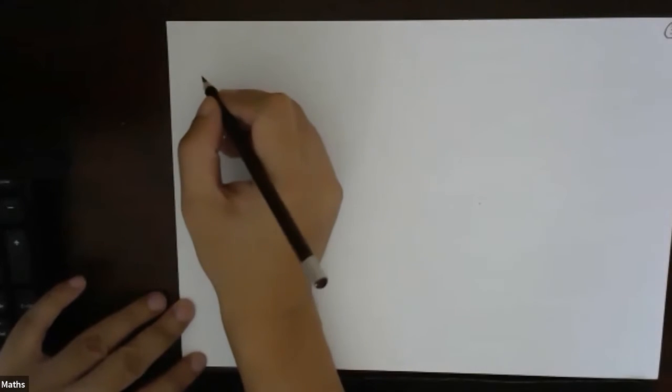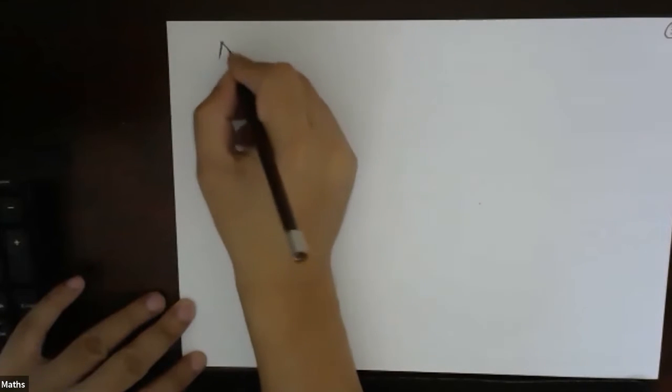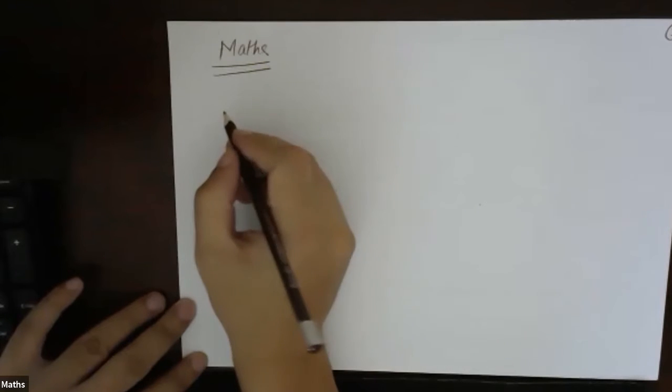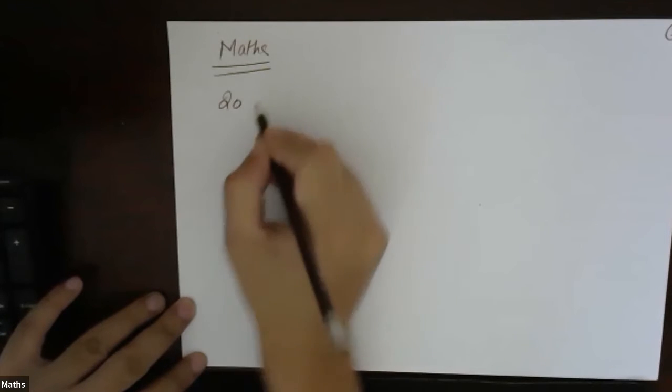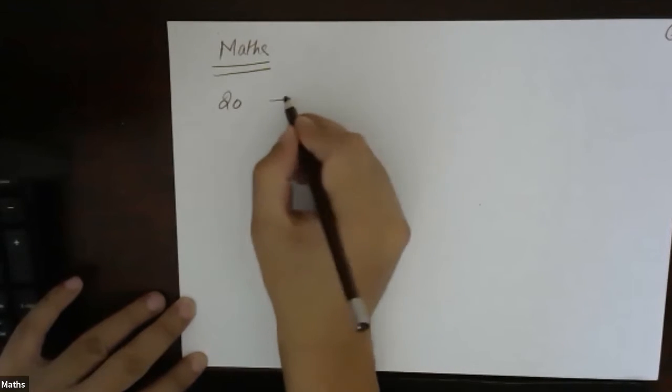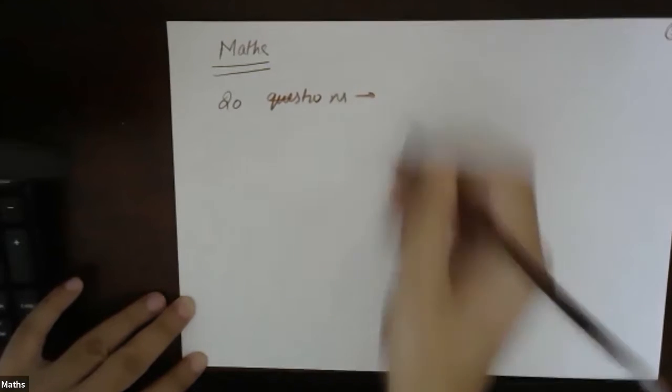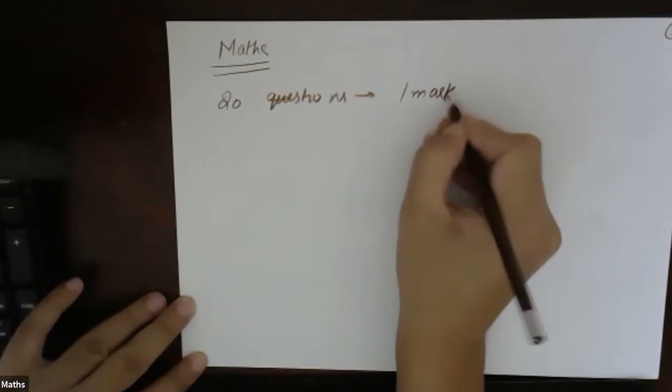Okay. So this time Monday you will have your half yearly or term exam, right, for 12th. So basically the pattern for maths, just note this down, this is very important. You will have 20 questions of 1 mark each.